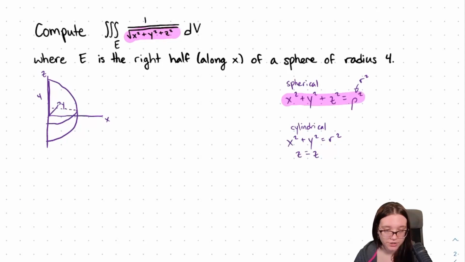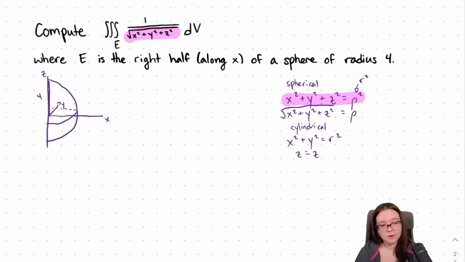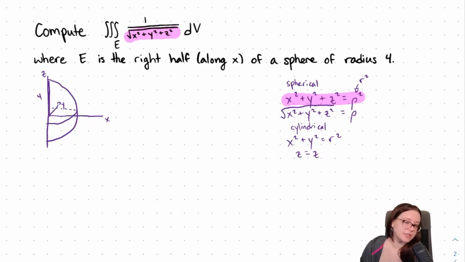All right, we see x squared plus y squared plus z squared, so that tells us to use spherical coordinates, and we actually have the square root of them, so I can just take a square root of both sides. I know that rho is always positive, so I just need to take the positive square root, right? It's positive because it's a distance, and distances have to be positive, or at least non-negative.